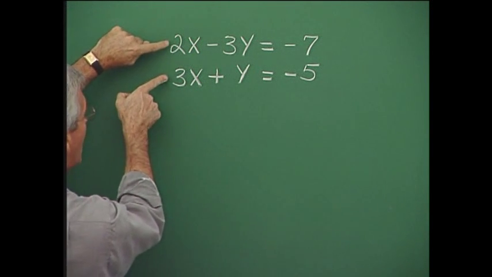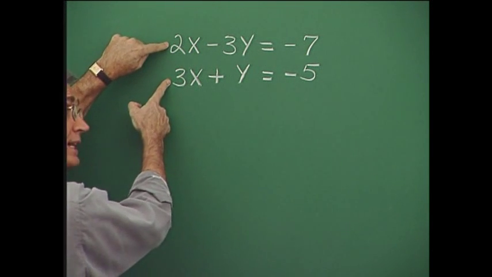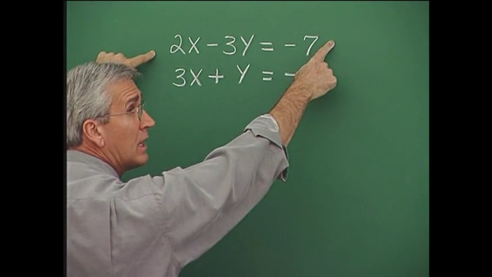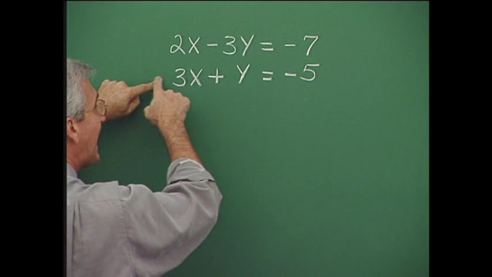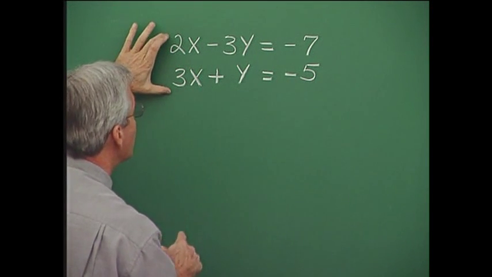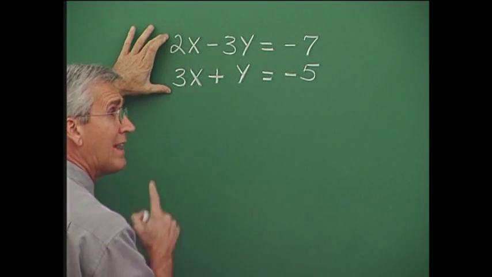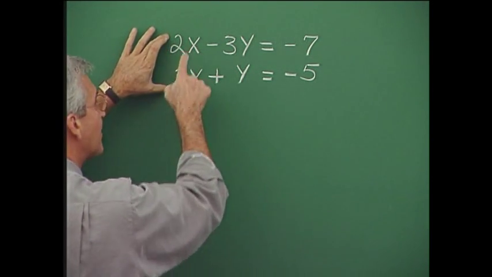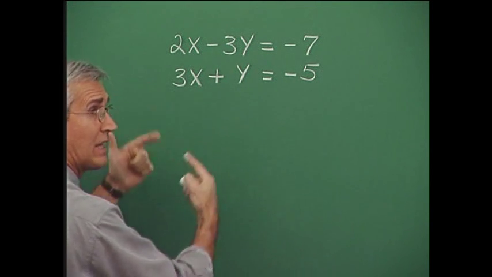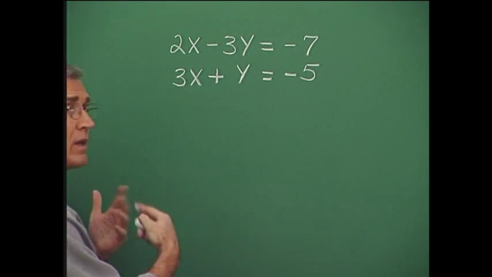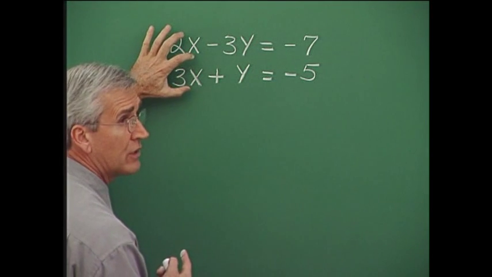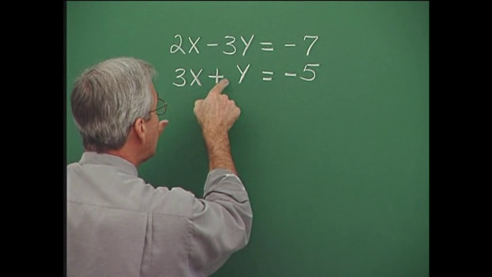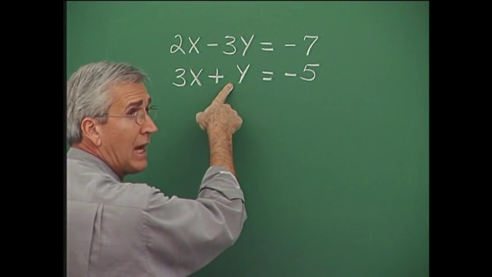The least common multiple for 2 and 3 would be 6, so I'd have to multiply equation 1 by 3 and equation 2 by 2 in order to accomplish 6 as the coefficients of x. And at the same time, I would have to multiply one of them by a negative value in order to have that sign difference. That means quite a bit of manipulation. So I'll elect to attack the coefficients of y because I only need to multiply equation 2 by 3.